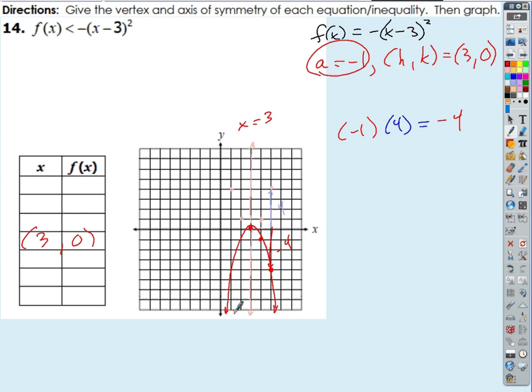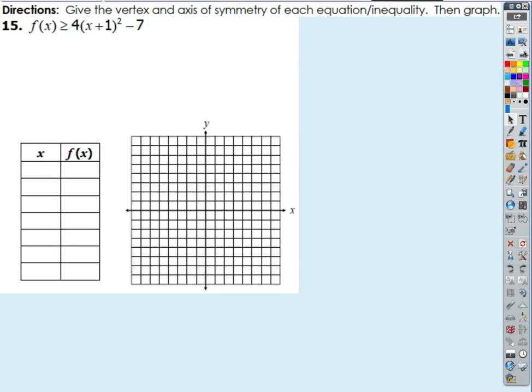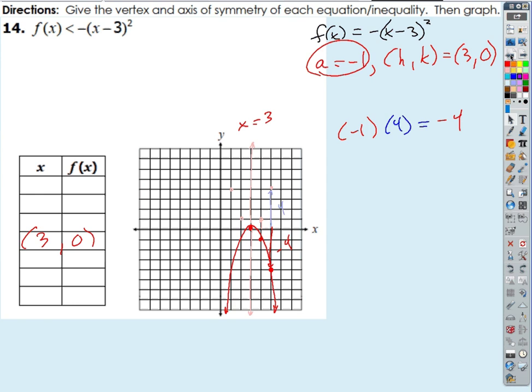Okay? Try another one. One more, and we'll let you go. Oh, and actually on this one, it really wasn't supposed to be connected with a solid line, was it? Gotta have a dash line. There we go.